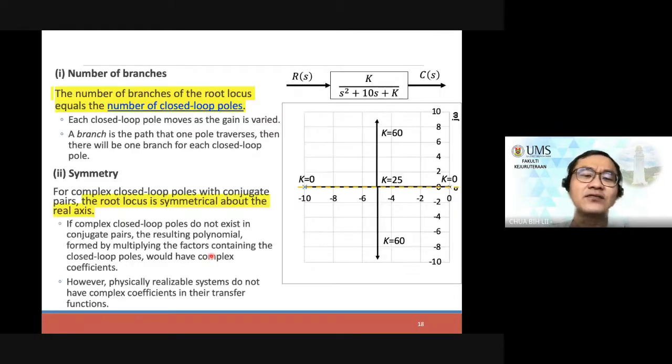So we roughly see the branches, depending on the number of poles. If we have 2 poles, then we have 2 branches, obviously. And then the symmetry would mainly depend on the locations of the symmetry points. Sometimes you will see that it will converge to the symmetry lines.